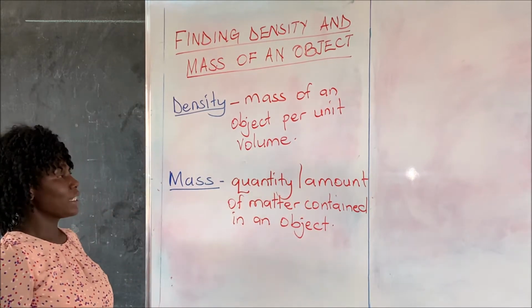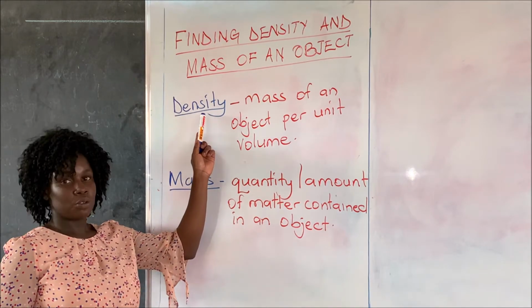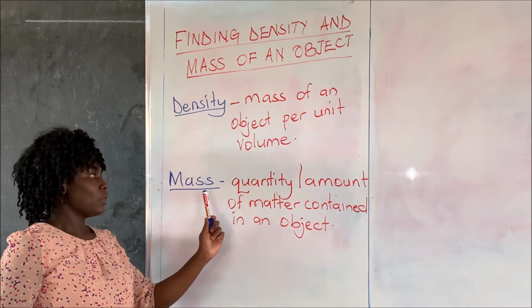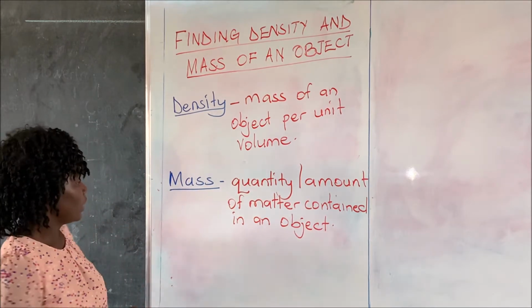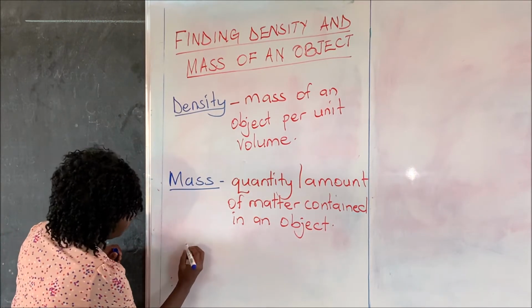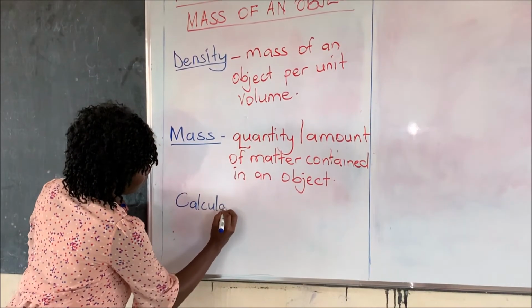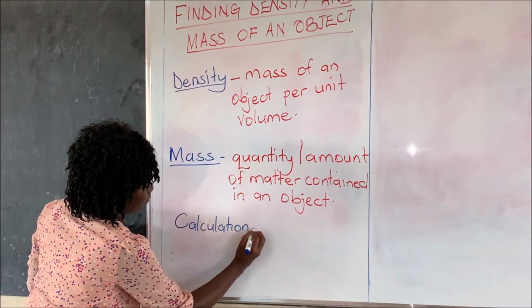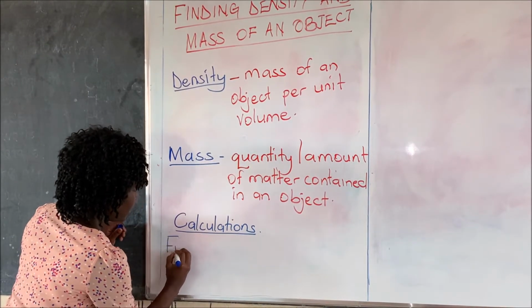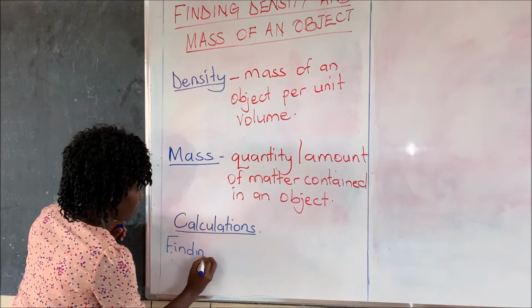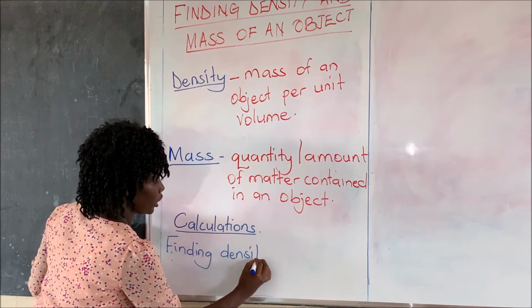Now we are going to look at a little bit of calculation. If I want to get a density, how do I go about it? If I want to get a mass, how do I go about it? So we go to calculations. We start with finding density of an object.